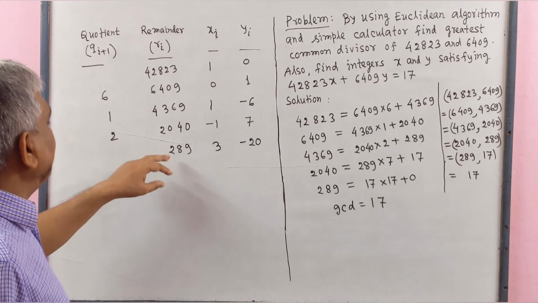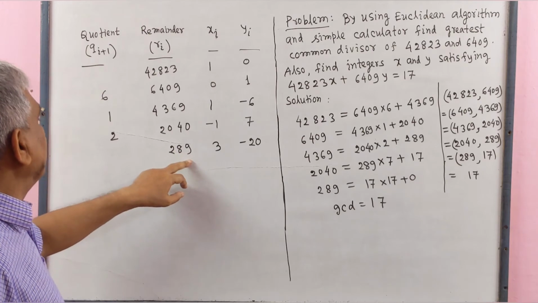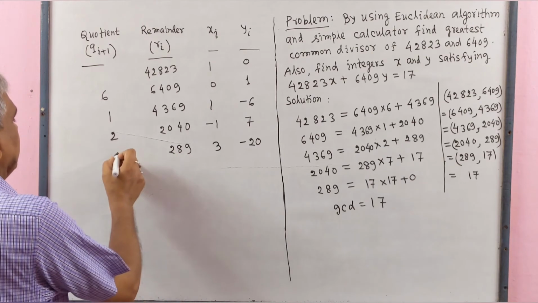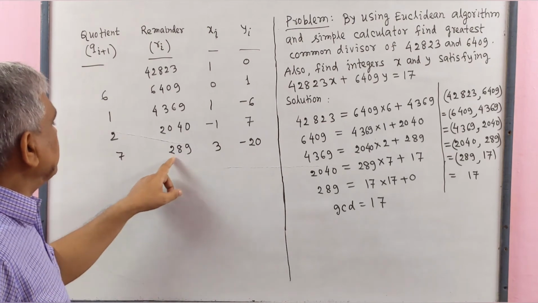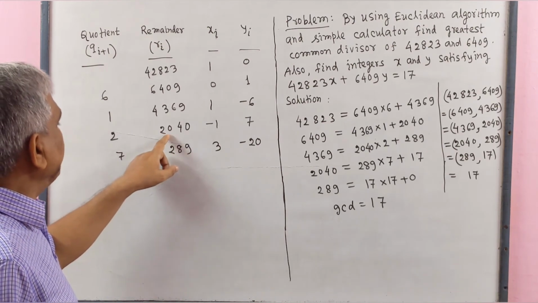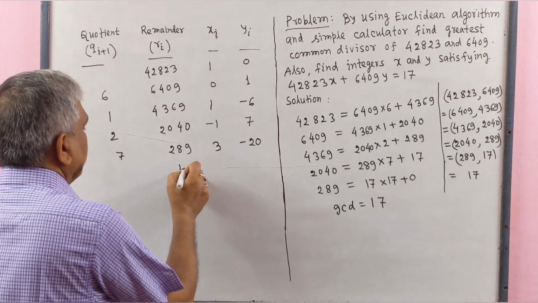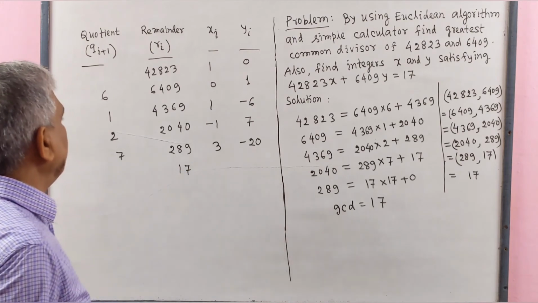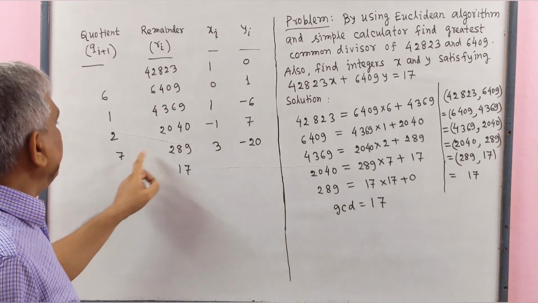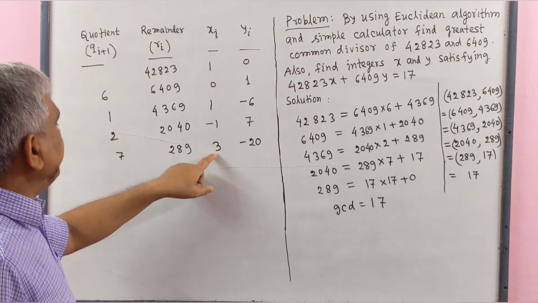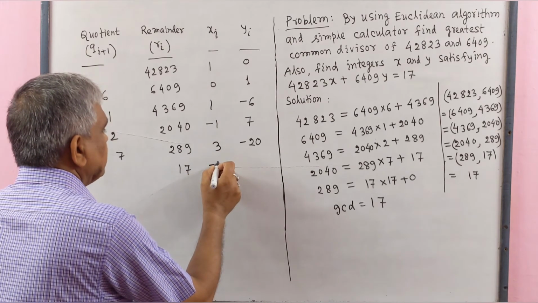Now we divide 2040 by 289. We get quotient 7. Now we multiply 7 with 289 and subtract, we get 17. Now we multiply 7 with 3, 21, then subtract 21 from minus 1, we get minus 22.